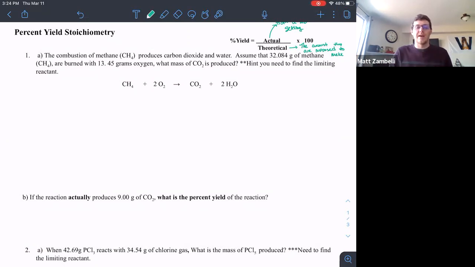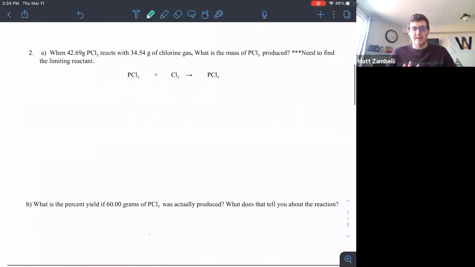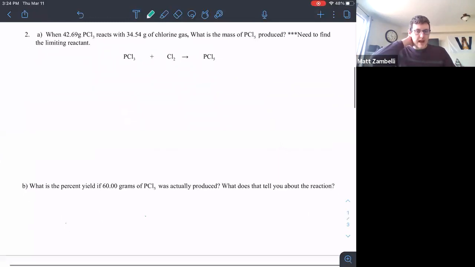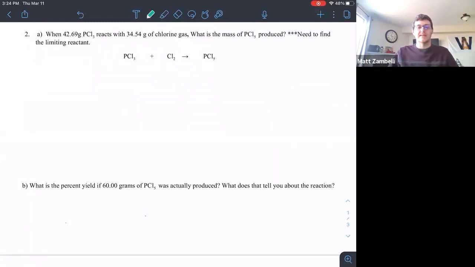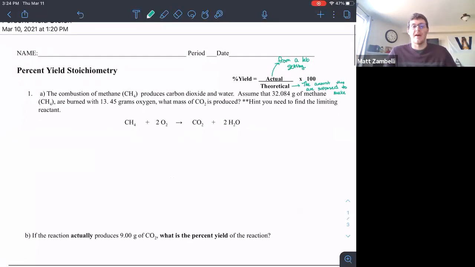Then you compare that to how much was actually made when the reaction happened. You do that for 4 problems and then answer the questions, if there are any, about what this reaction tells us, like this one right here. Then you'll answer what you think the percent yield is telling you about how this person did the lab.